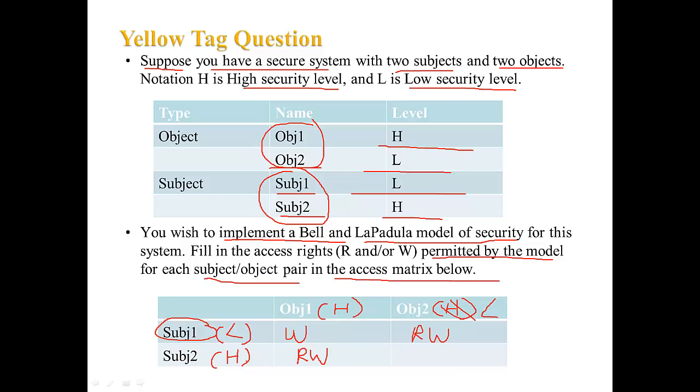Because H is higher than L, based on no write down and no reading up, subject 2 can read object 2, but it cannot write to object 2 because object 2 is in a lower level.